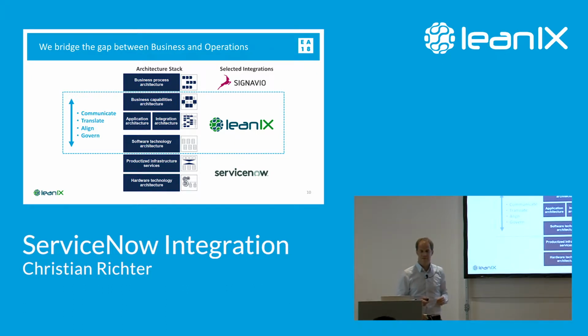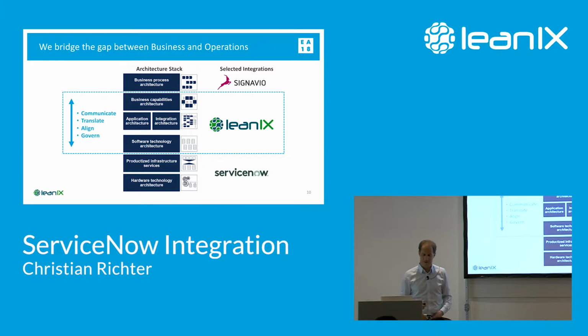We believe that LeanIX is the perfect link to bridge those two worlds, the business world and the infrastructure world, translating it via applications, via interfaces, via projects that are giving changes to the application landscapes, via data objects that are transferring through the applications. So this is how that fits together.